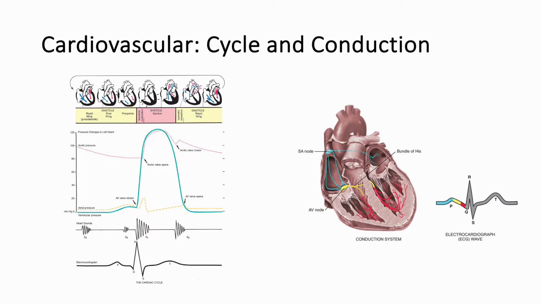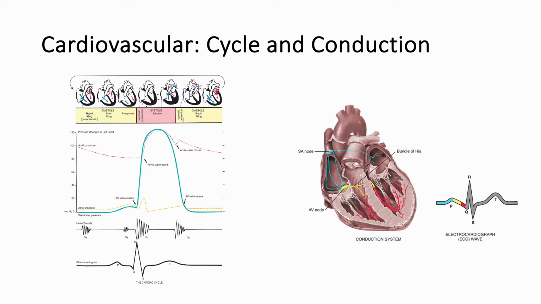This conductivity travels down, and it crosses the atria to the AV node. And this is going to be in that atrial septum, right above the ventricles. There's a slight delay, so the atria have time to contract before the ventricles become stimulated. And the impulse travels through the bundle of His, which you can see here in yellow.